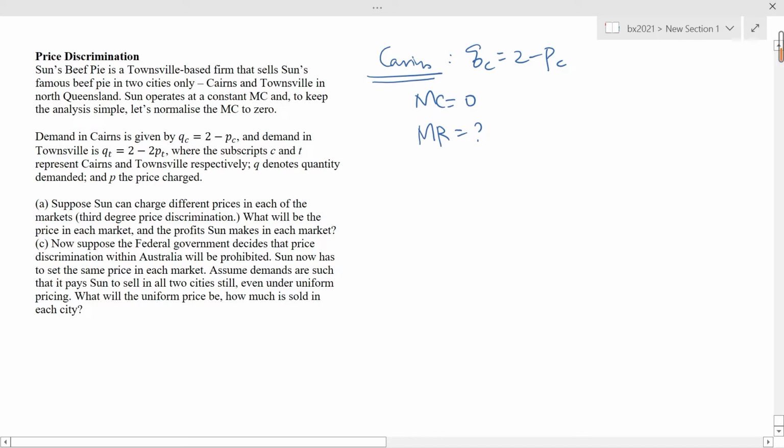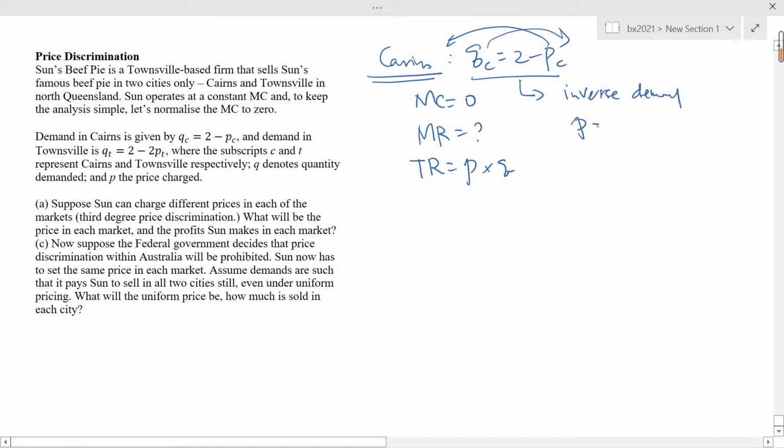To obtain the marginal revenue, let's look at total revenue. Total revenue is P times Q. We know the demand is Q equals 2 minus PC, so let's get the inverse demand function.